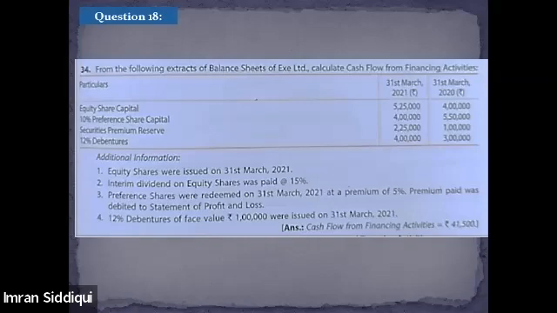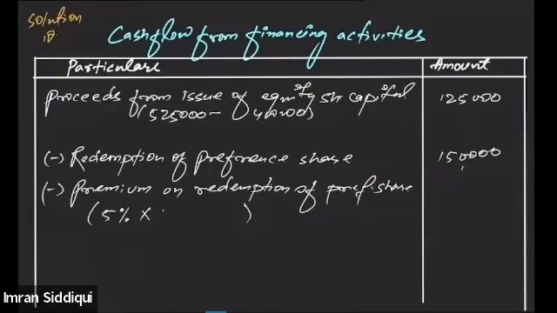At the end of the year, we have repaid 1,50,000 to the preference shareholder. So the interest that will be payable to the preference shareholder will be on the basis of 5,50,000. Got it? Is that clear?